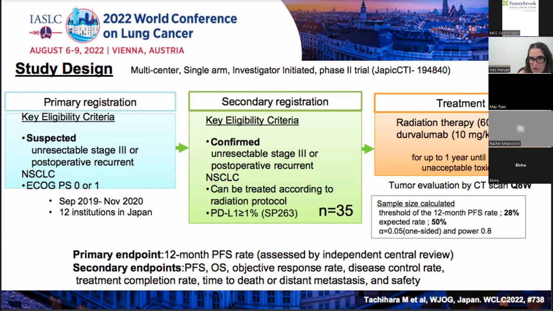They accepted patients with postoperative recurrence, about 25% of the patients, and PD-L1 equal or over 1%. 35 patients received radiation treatment with 60 grays of radiation and durvalumab 10 milligrams per kilo every 2 weeks for up to 1 year or unacceptable toxicity. The sample size calculation used a threshold 12-month PFS rate of 28% and an expected rate of 50%, and the primary endpoint was 12-month PFS rate assessed by independent central review.